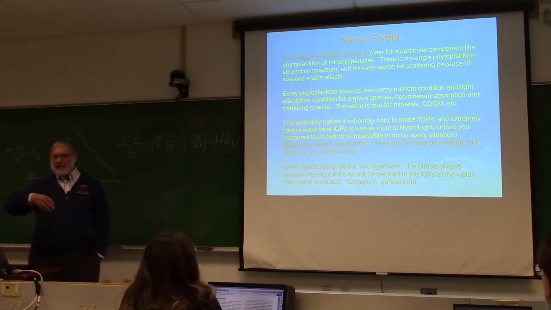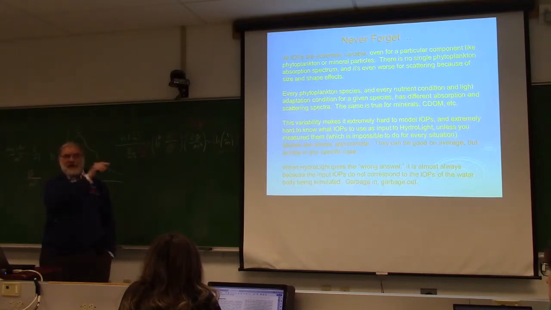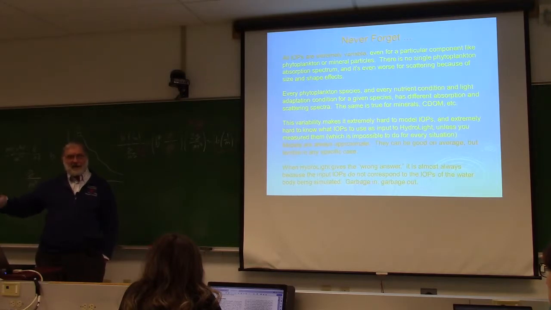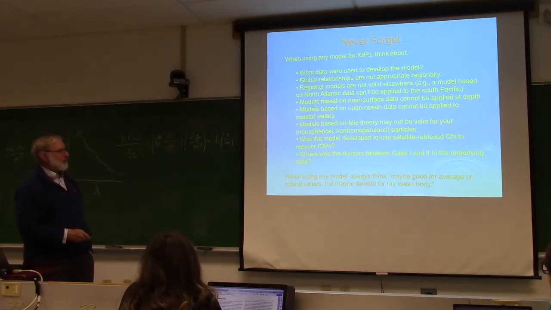So if you want to do generic studies, you pick these models, and you get good average kind of results. If you want to model the Damariscotta River or Biscay Lake, you better go put instruments in the water and get the IOPs at that time and feed those into Hydrolight and forget the modeling.